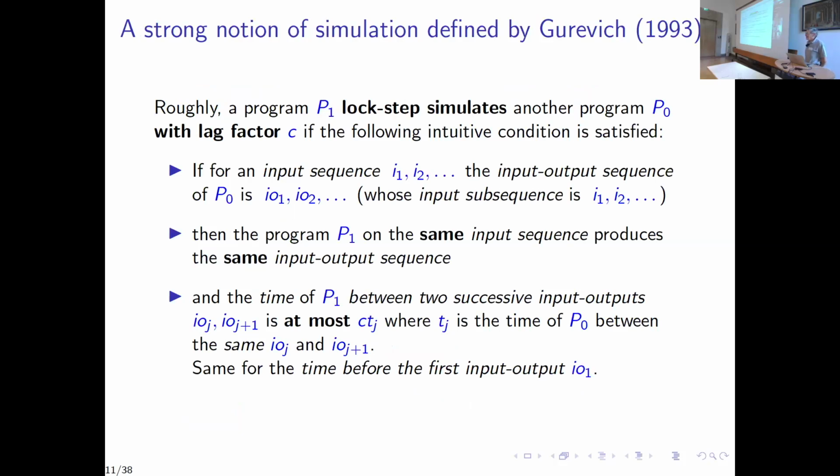I borrow a simulation defined by Yuri, lockstep. I'll use it in two examples. With a lag factor, which is a slowing down factor. What does it mean? It's difficult to read, I assume.